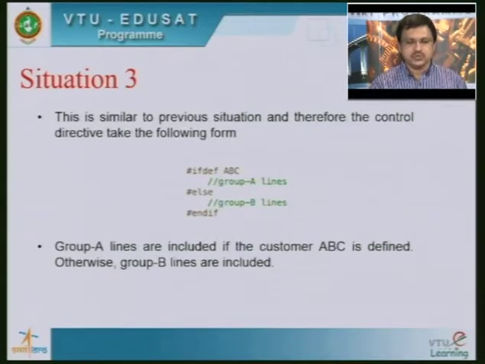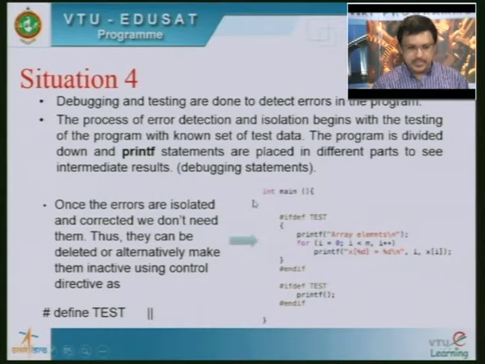A similar concept can be used for the third situation also. You have a company ABC for which you want these lines of code which define the properties or the characteristics of the program, else for all others you want to have this group B lines of code, something similar to the previous case.